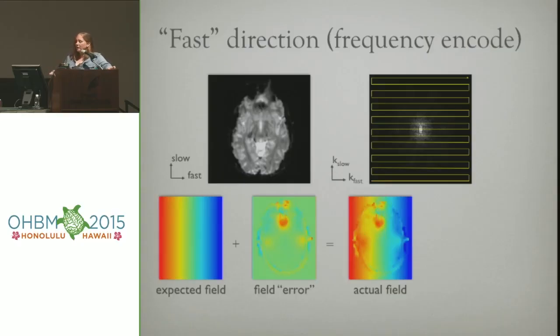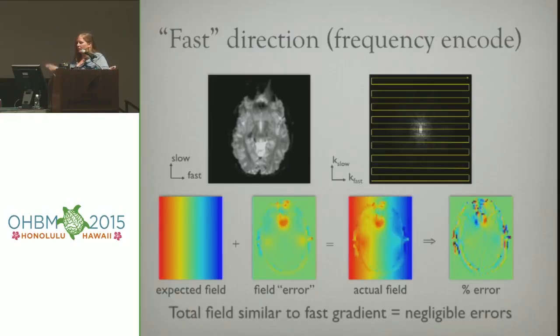And you can see here that the actual field looks mostly like the expected field. It's not too bad of an approximation. So in terms of percent error, the percentage error is relatively small, and as a result, the image formation process largely works. We've pretty much put the signal in the right spatial location.